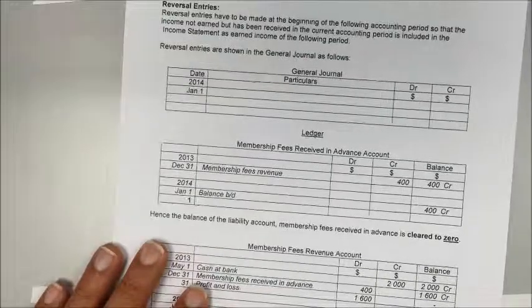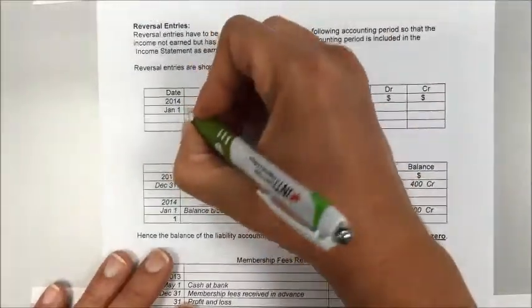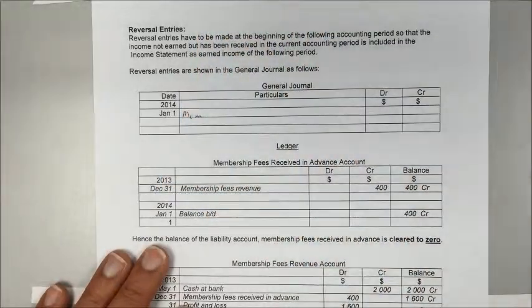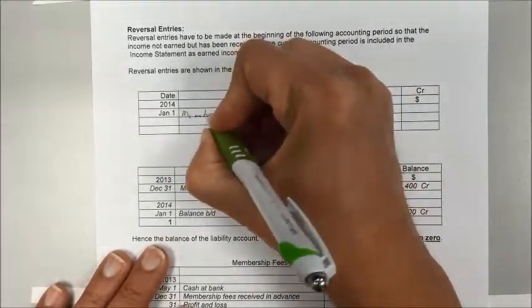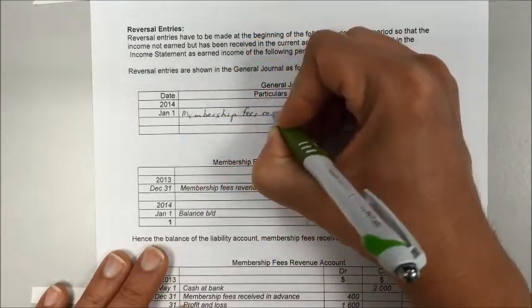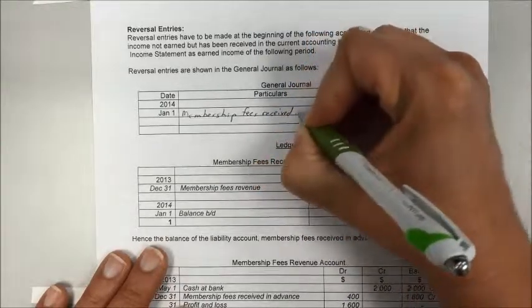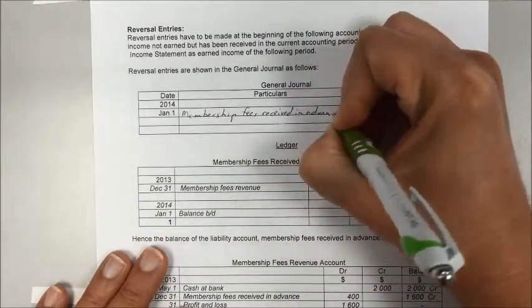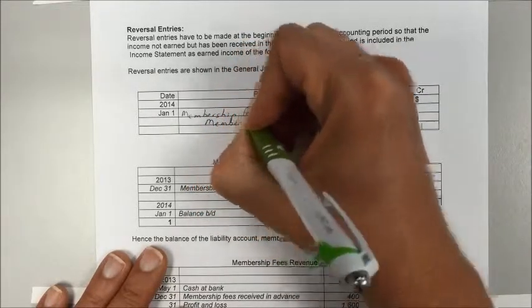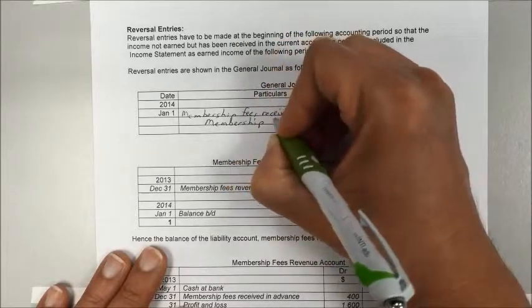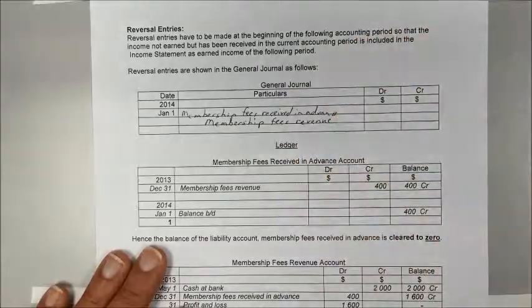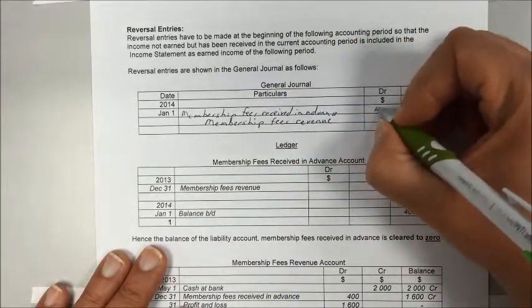So we debit membership fees received in advance and we credit membership fees revenue. For the amount of 400.